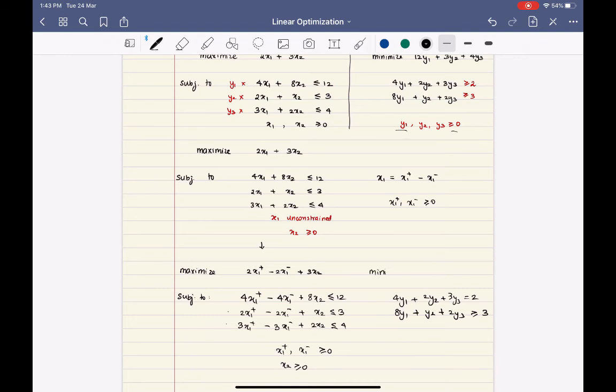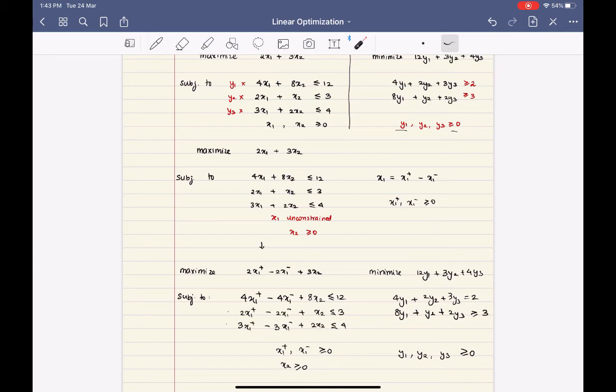The objective is the same. So what is the thing? If we start with something which is unconstrained, the corresponding cost equation will have an equality here.